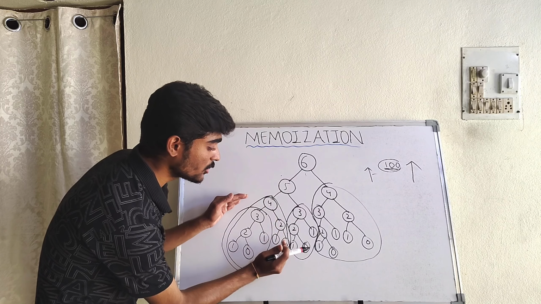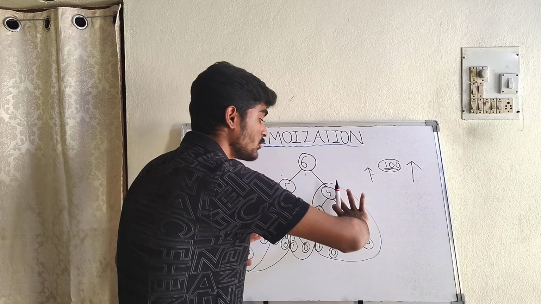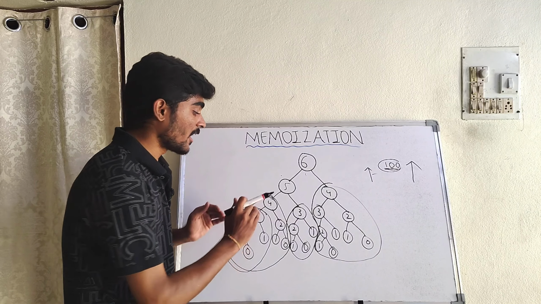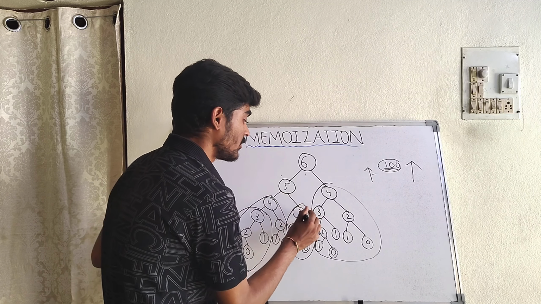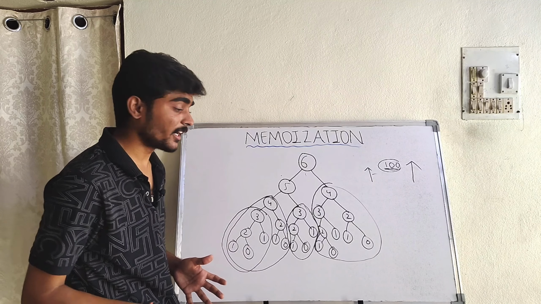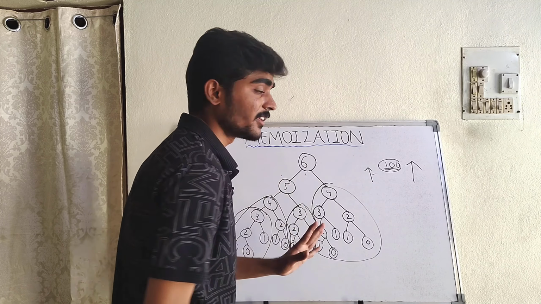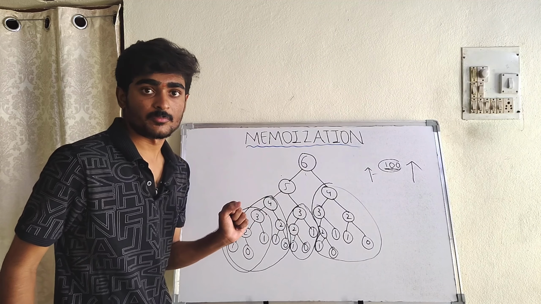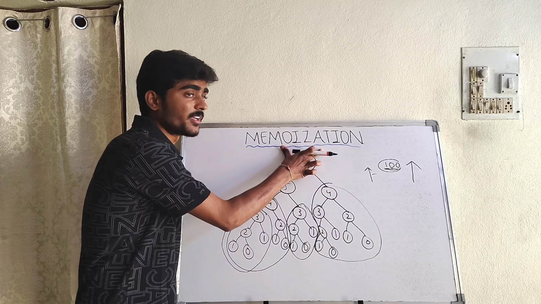But if you are able to store the Fibonacci of 4 over here, the same output can be used over here, right? And again, if you are able to store the Fibonacci of 3, you are able to reuse it when it reoccurs. Instead of recalculating, you are able to reuse the values when necessary. So this is the entire concept of memoization.